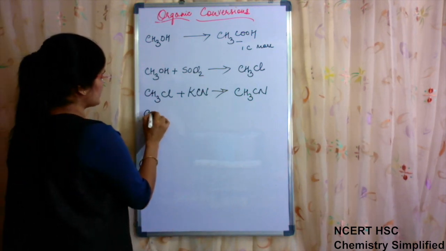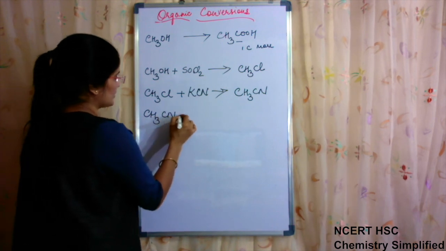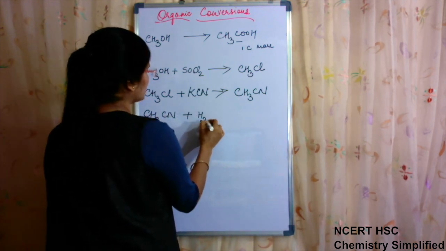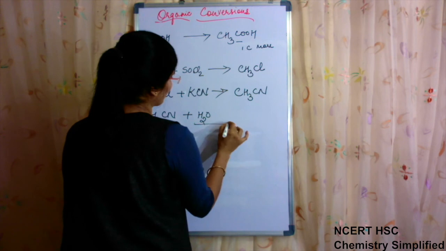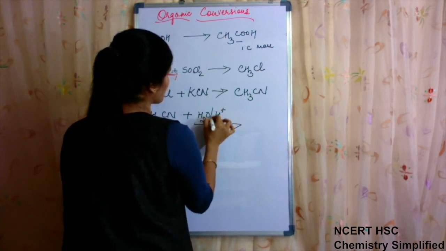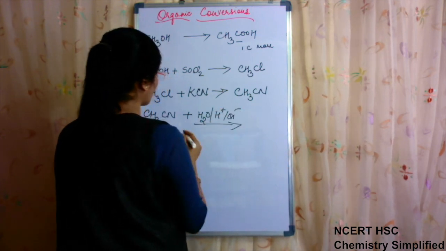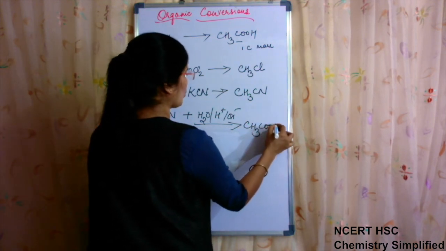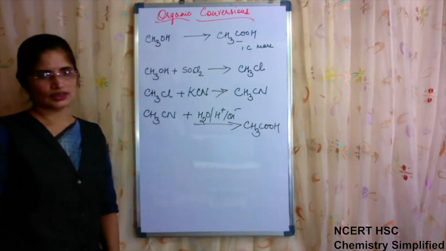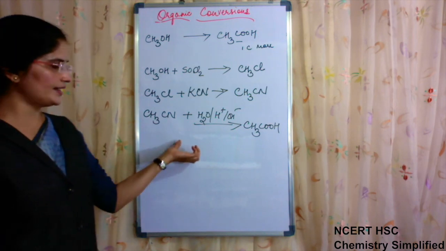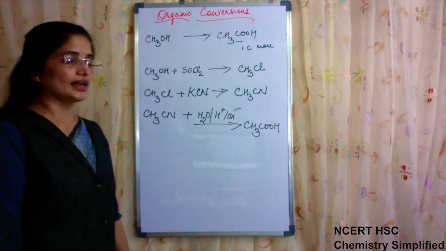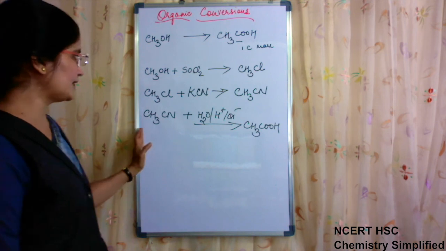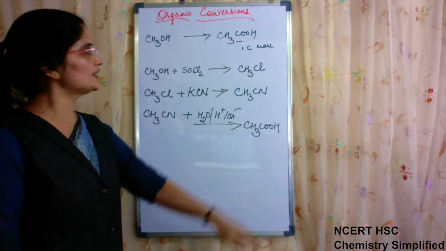Now we know that when cyanides are hydrolyzed, by acid hydrolysis or base hydrolysis, H positive or OH negative, they are hydrolyzed to form acid CH3COOH. Cyanides first form amides and then they form acids. So we can directly write cyanides on hydrolysis yield acid.